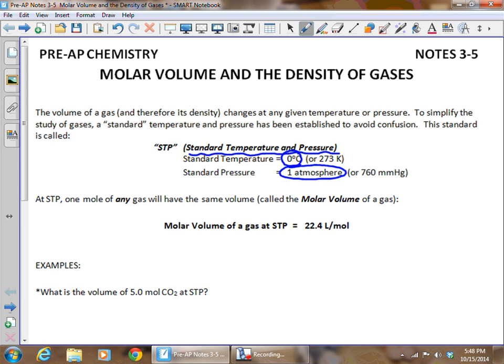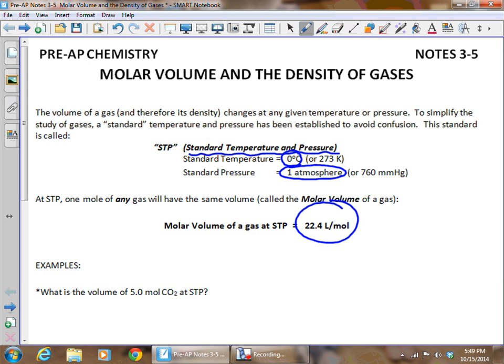So the overall volume of a gas is a standard value at STP for any gas, and that standard value is 22.4 liters per mole. We can take that value and turn it into a conversion factor.